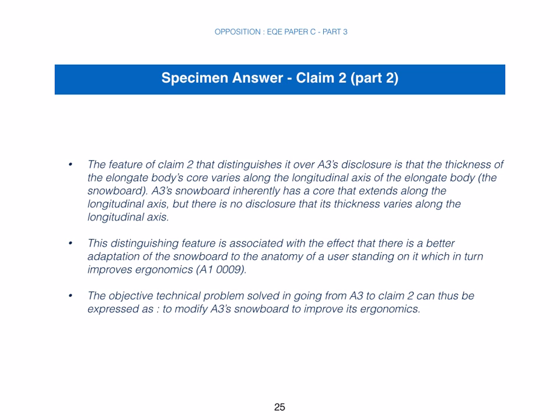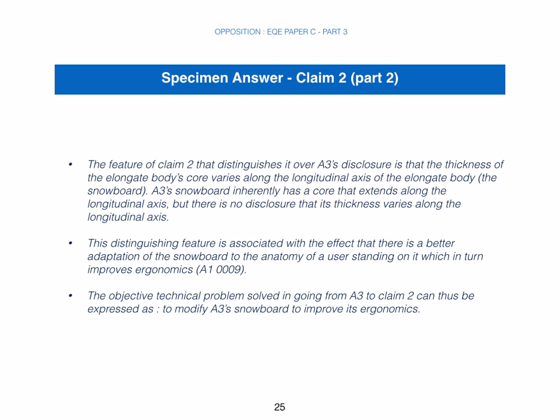The feature of Claim 2 that distinguishes it over A3's disclosure is that the thickness of the elongated body's core varies along the longitudinal axis of the elongate body, the snowboard.